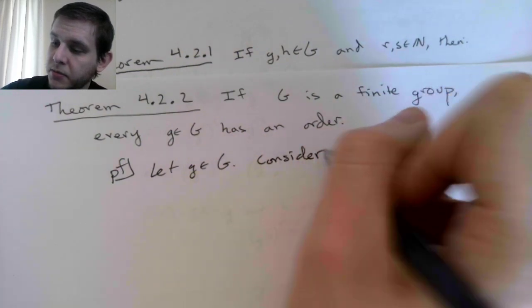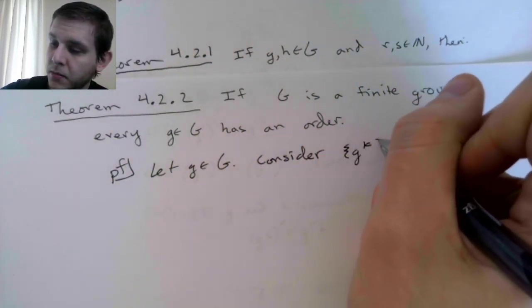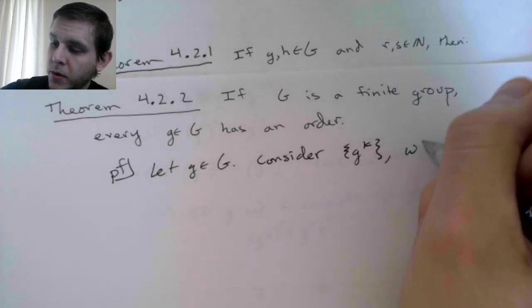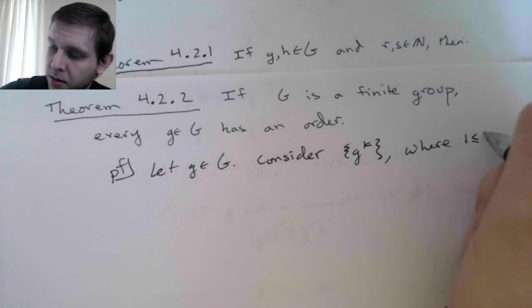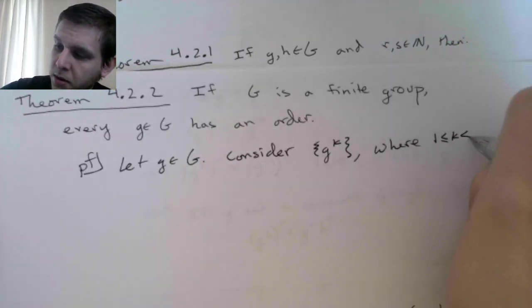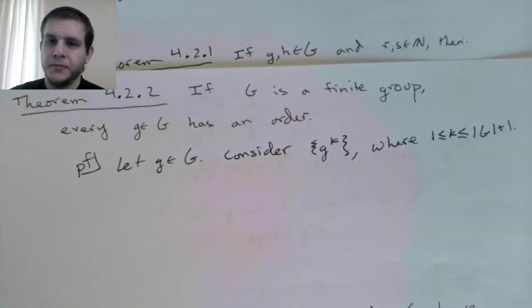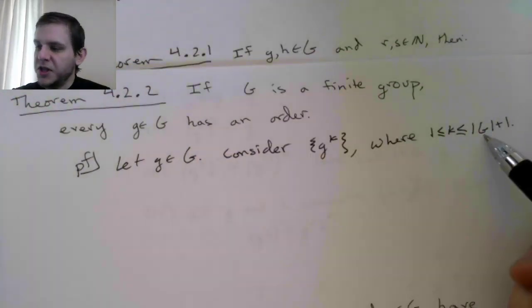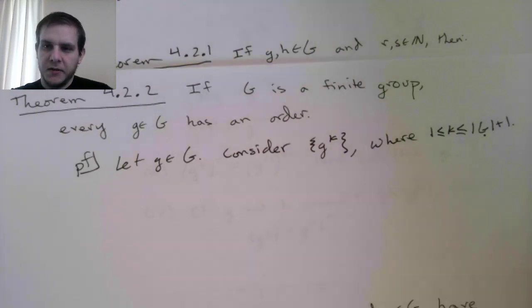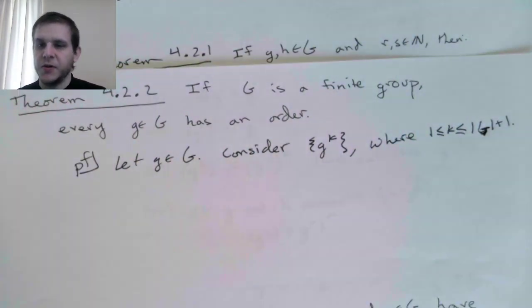Consider the set g to the k, where k runs from 1 up to the order of G plus 1. G is a set, so this is its cardinality, sometimes called the order of G as well, which is a bit confusing, but the cardinality of G plus 1.